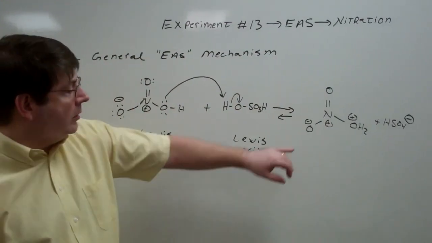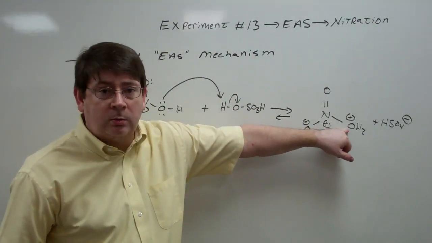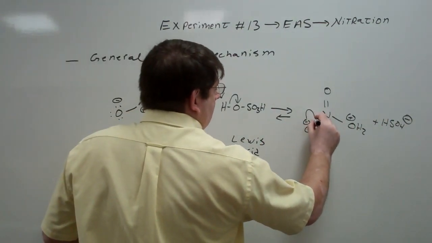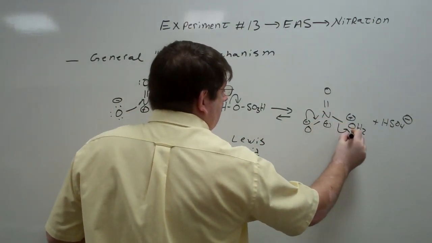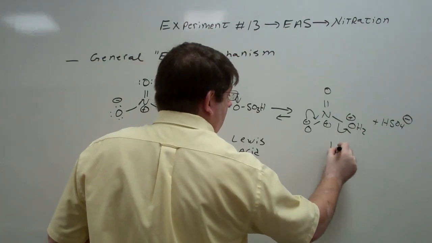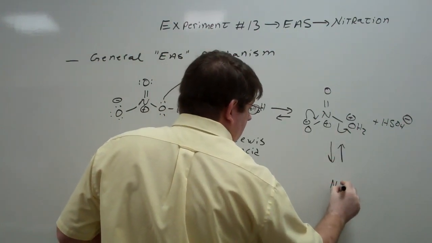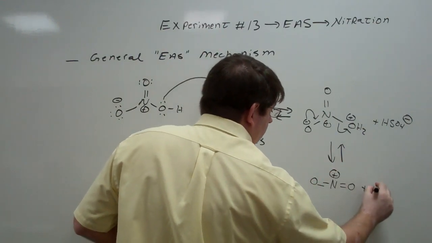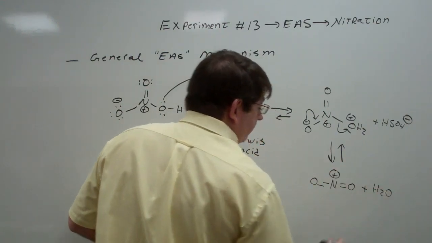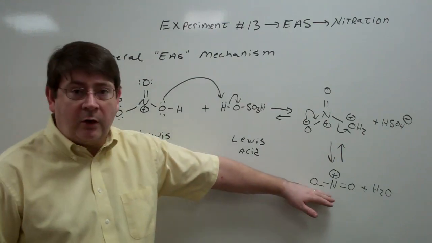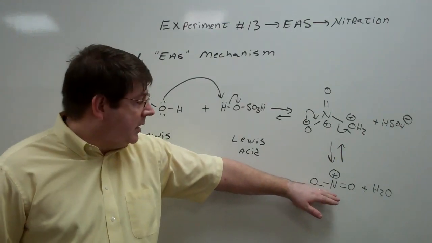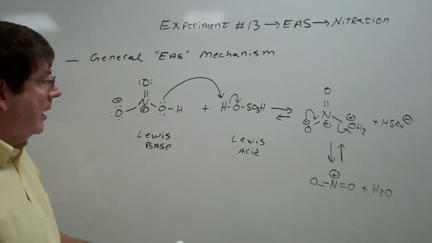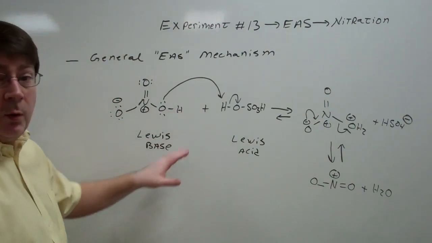And now we've got our protonated nitric acid. This looks like water, which makes a very good leaving group. And that's how we generate our NO2+ in this particular reaction. And so this is now our E+ for what we're going to be dealing with in this laboratory.